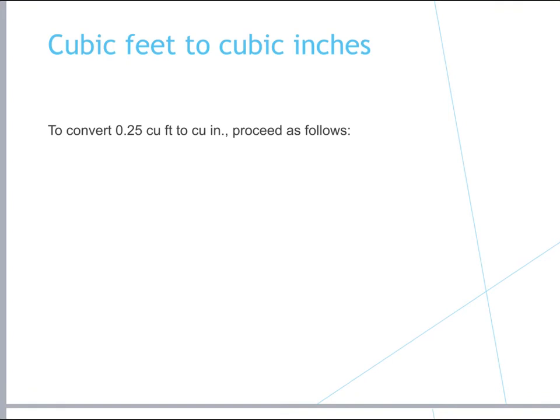What we're going to do is use those unit fractions, and we'll keep working these problems just like we've been doing. So I'm going to start out with converting 0.25 cubic feet to cubic inches. So start with what I have, 0.25 cubic feet over 1. Remember, we always cancel diagonally, so that cubic feet has to go into the denominator to cancel.